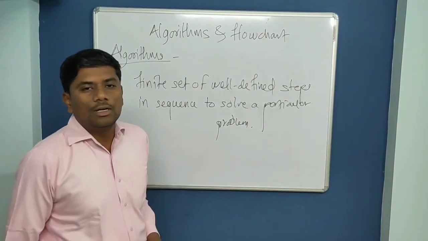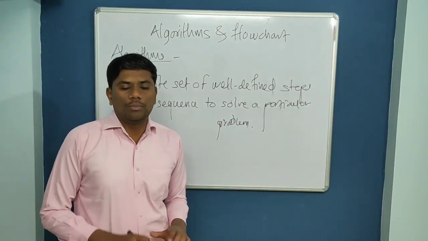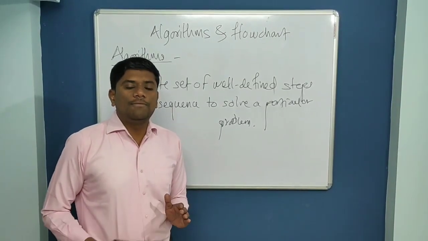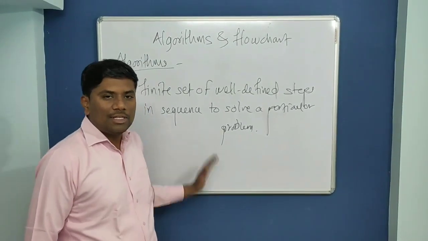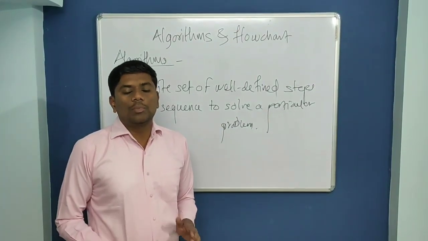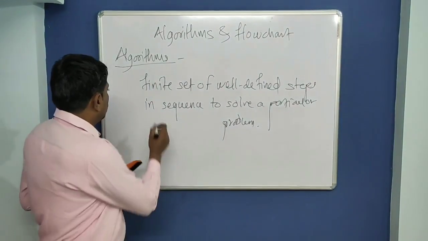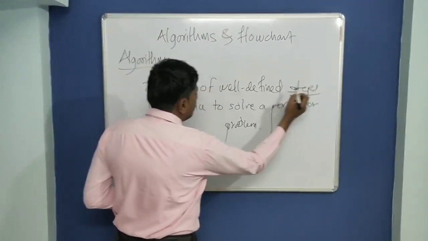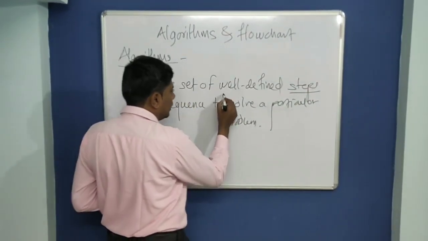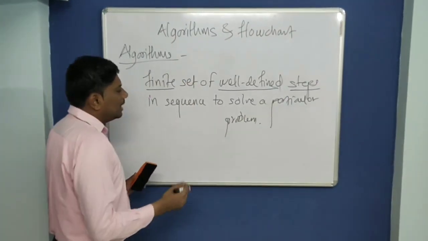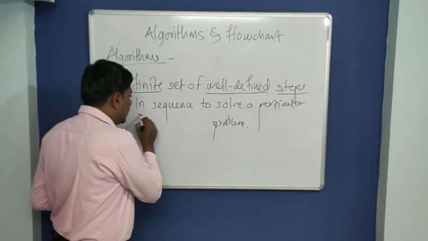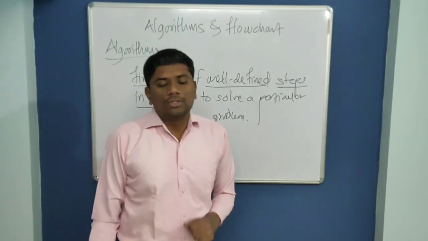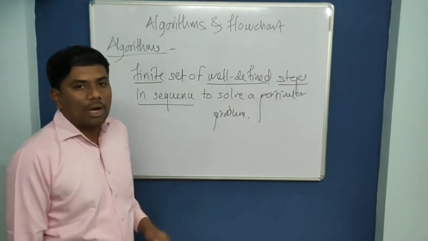This is the important definition of algorithm. Algorithms are finite, they are steps, and these steps have some meaning, so they are well defined, and they should be written in sequence to solve a particular problem. This is the simple definition of algorithm.